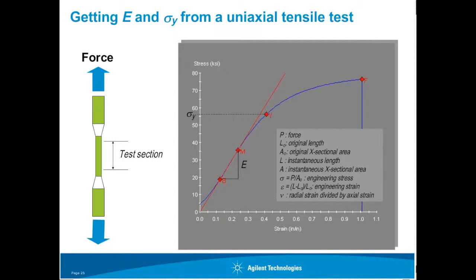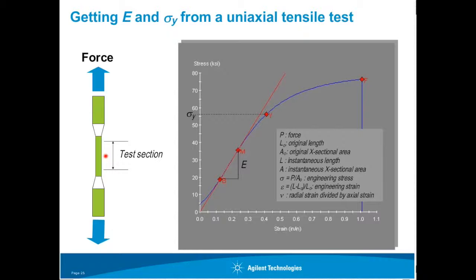Now, indentation is not the only way to get at these values, and in fact, it's a rather late coming way to get at these values. So traditionally, if you wanted to know Young's modulus and yield stress, you would fashion for yourself a test specimen with a geometrically simple cross-section.